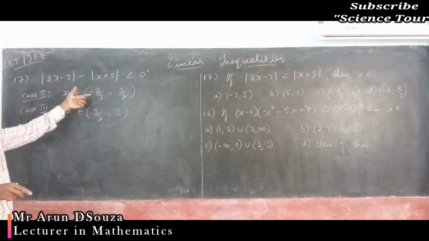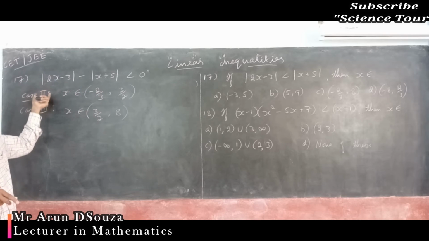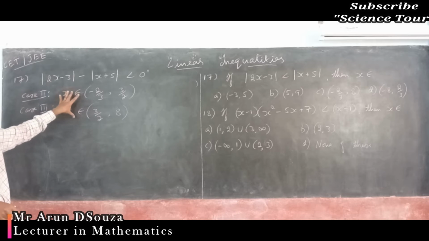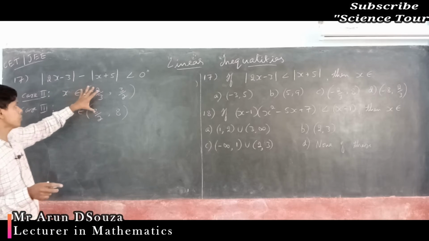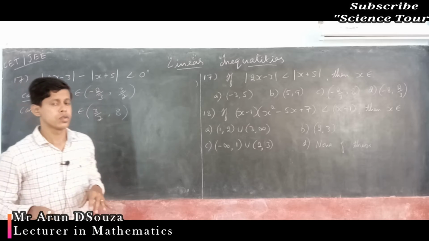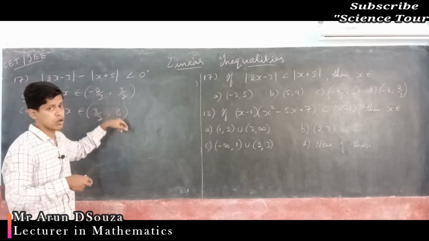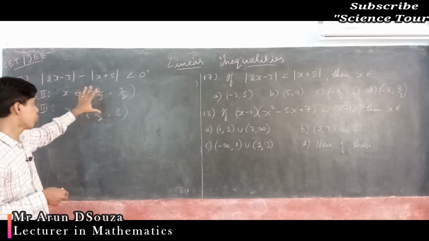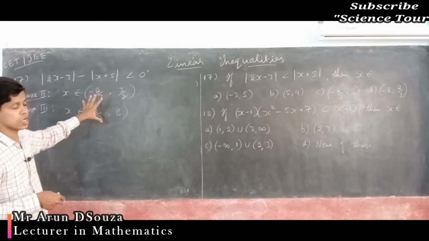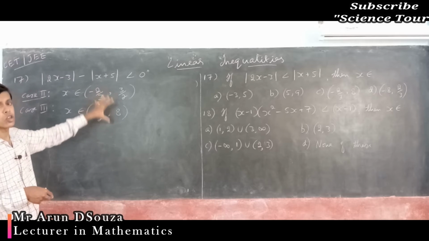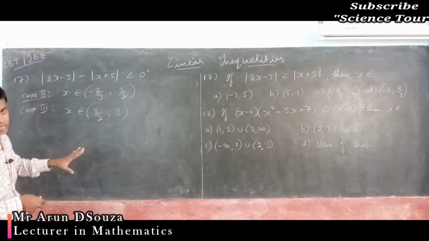Whether x is in the second interval, minus 5 to 3 by 2, or in 3 by 2 comma infinity, wherever x is, it must satisfy both. That means we have to find the common region now. We are not writing the union of both. It is not either this or that. It is both these values. A single value of x which lies in the common region of both the intervals is the solution.